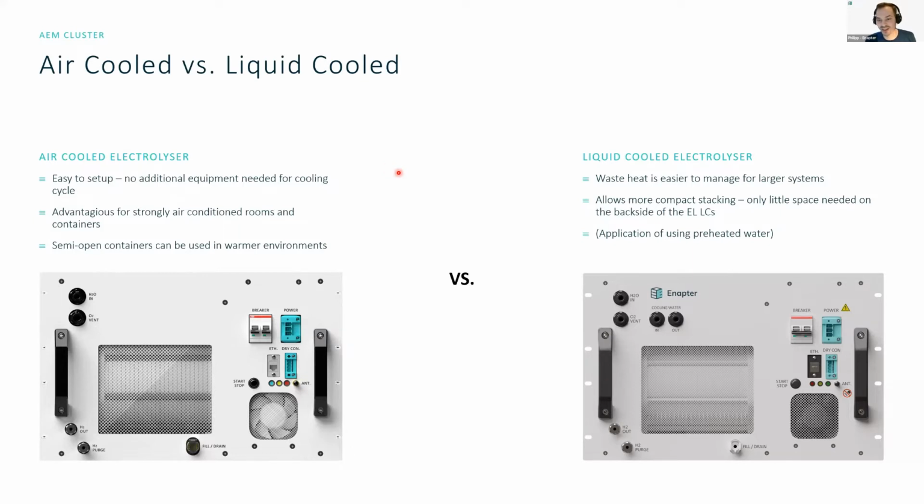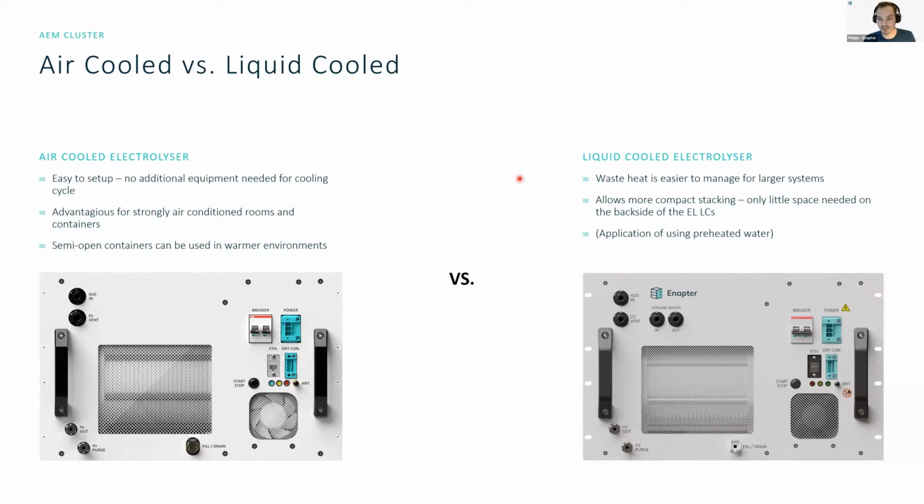which provides enough heat so the electrolyzers don't freeze. On the other hand, if you are using the liquid-cooled electrolyzer, you have the possibility to more easily manage the waste heat. Also, compact stacking is possible, as we already heard before in Max's presentation. The liquid-cooled electrolyzer can be put closer to the wall, so the space behind the units can be decreased.